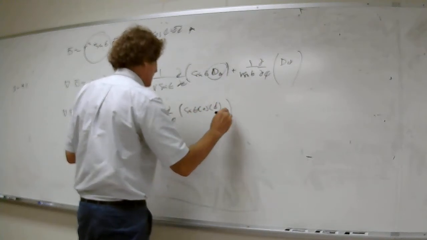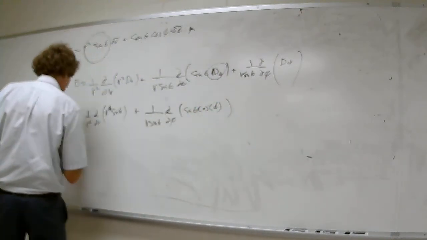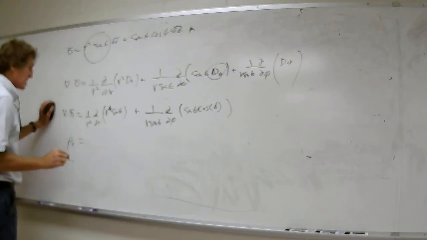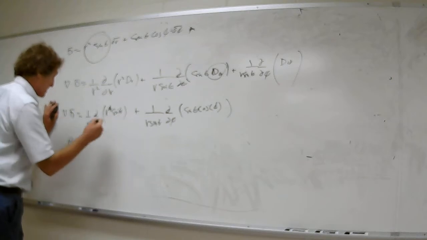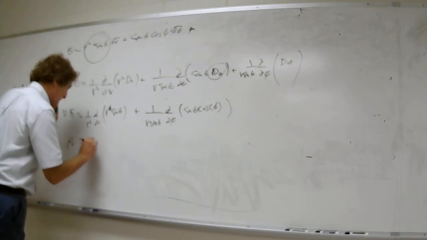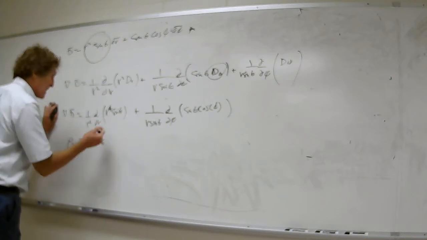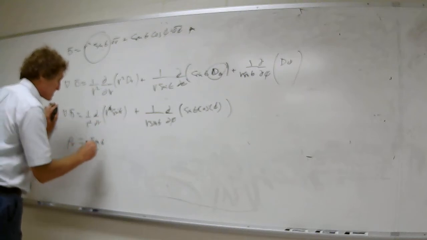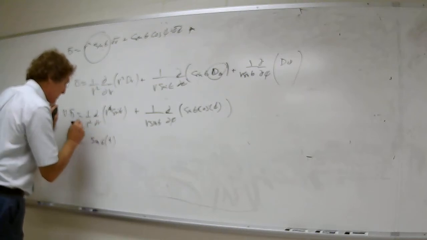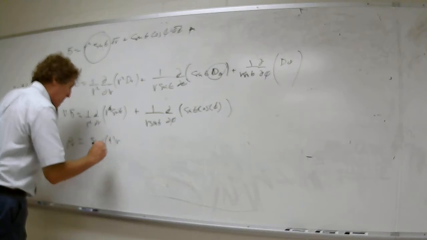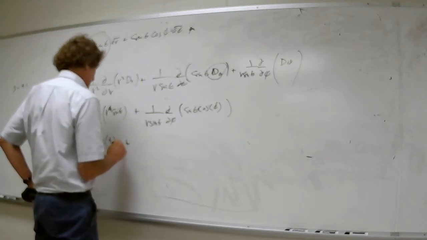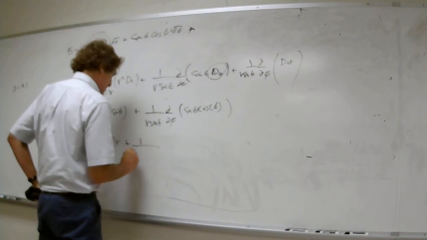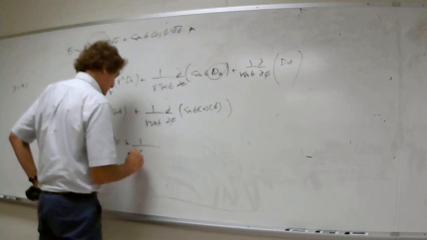Right. Okay, might as well do it. This is the charge density. So I can see that if I take the sine theta, right here it comes out in front, so I have sine theta out in front. I have d/dr of r to the 4th is going to be 4r cubed divided by r squared is 4r, right? And then plus, and this is 1 over r sine of theta.